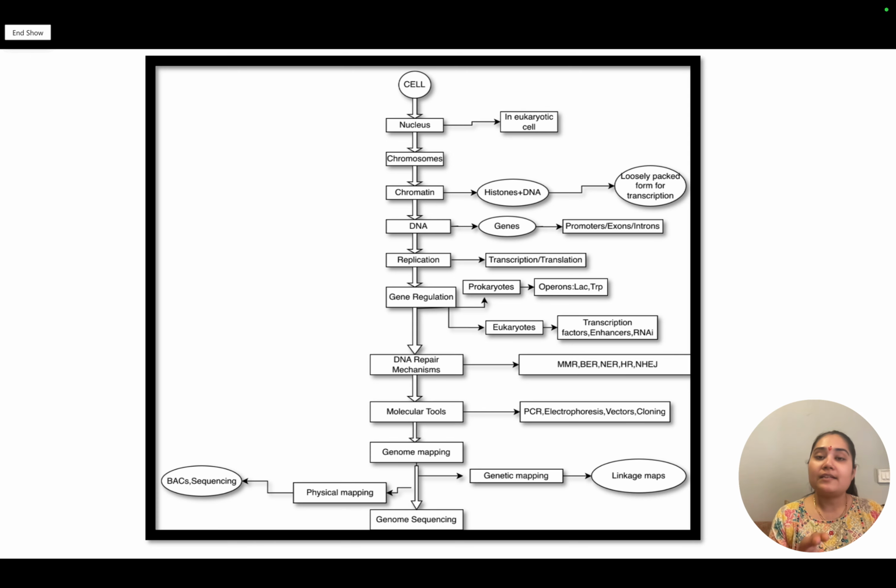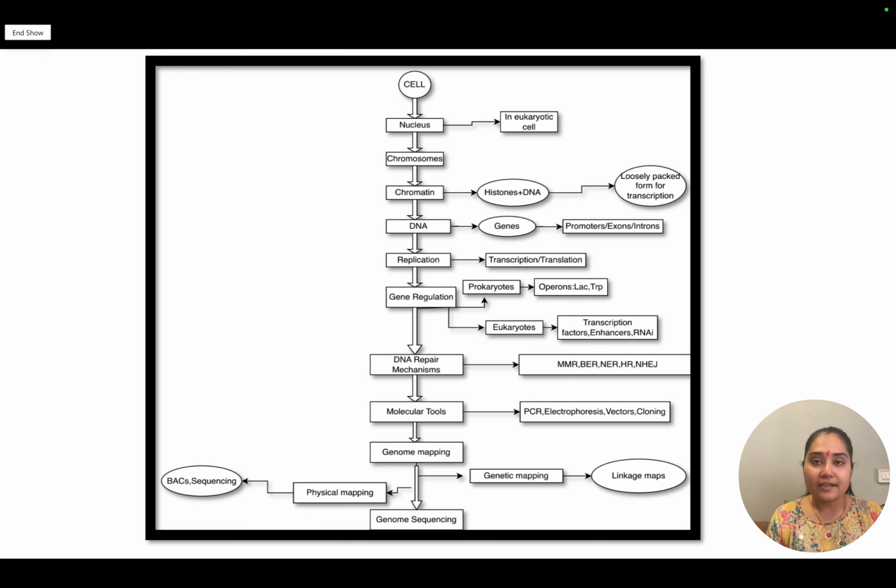Through this flowchart we can understand what things have to be done for it, like what we actually do in agricultural biotechnology, the basics of it. It starts with the cell, and the many things you can see in this flowchart and in the upcoming slides are the topics you have to learn in agricultural biotechnology. I am just giving an example of it.